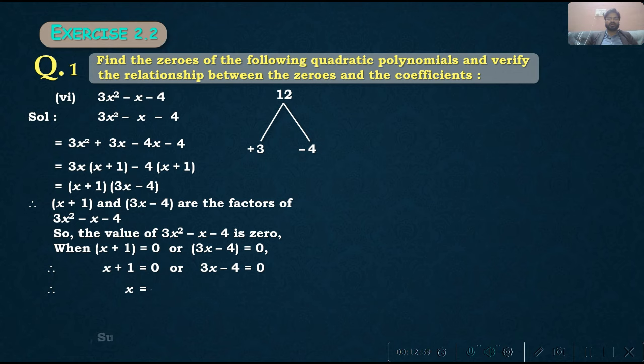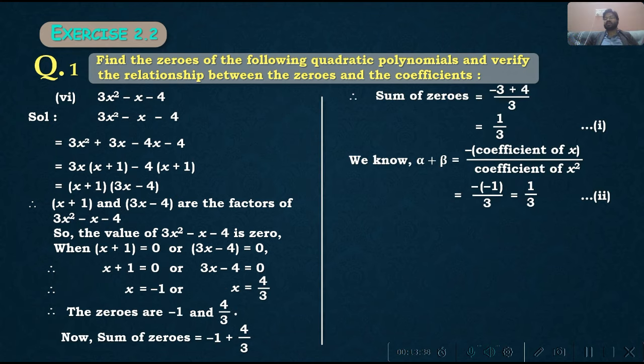Now, alpha plus beta is equal to minus coefficient of x upon coefficient of x squared, that is minus of minus 1 upon coefficient of x squared, which is 3, that is 1 by 3. So equation 1 and equation 2 hence verified.